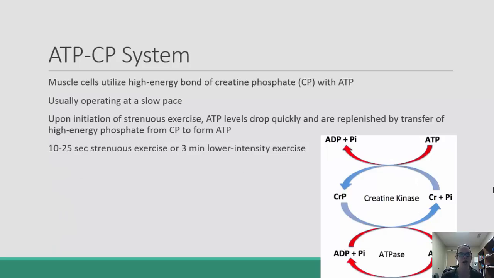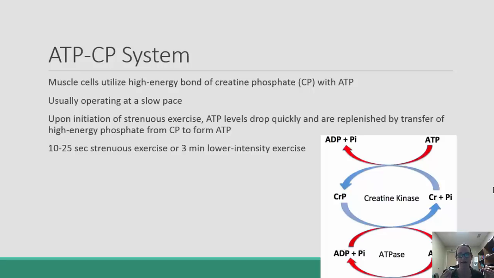Okay, so first let's talk about the ATP CP system. And CP stands for creatine phosphate. Now, muscle cells utilize the high energy bond of creatine phosphate with ATP. This is always happening at very low rates. But when we initiate exercise, our ATP levels drop really quickly because we're demanding so much of our body immediately.